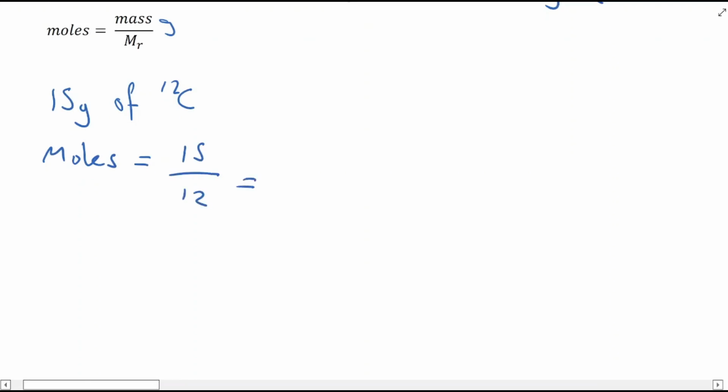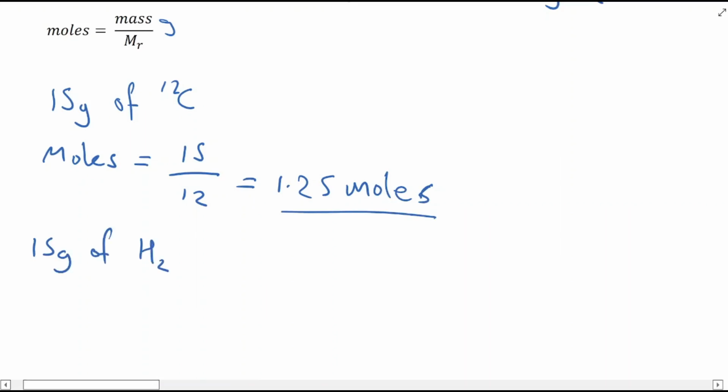Okay, and 15 divided by 12 is a pretty easy one to do in your head, but don't be afraid to get your calculator out if you want to. It's going to give us 1.25 moles of carbon.